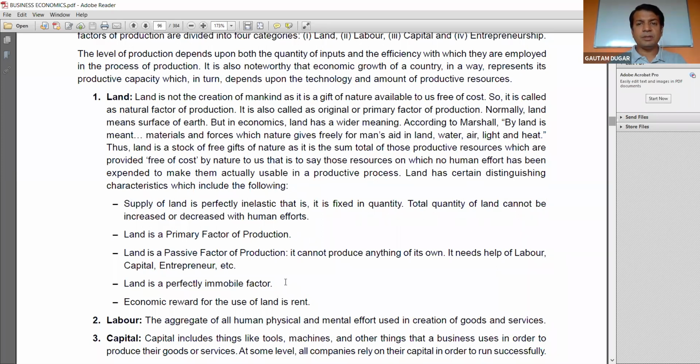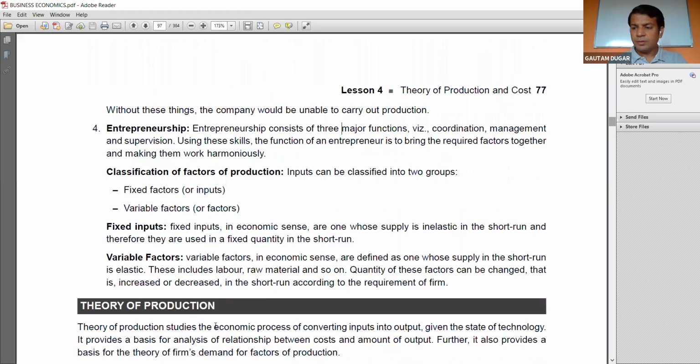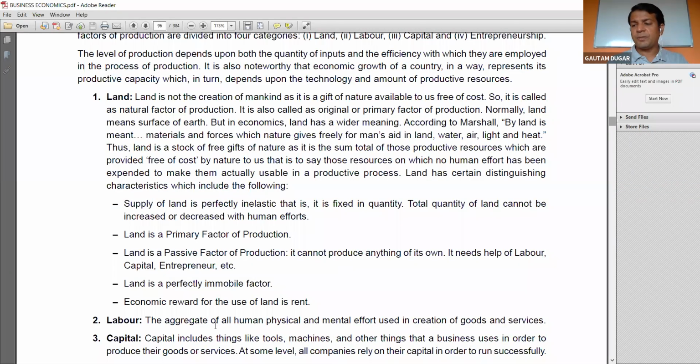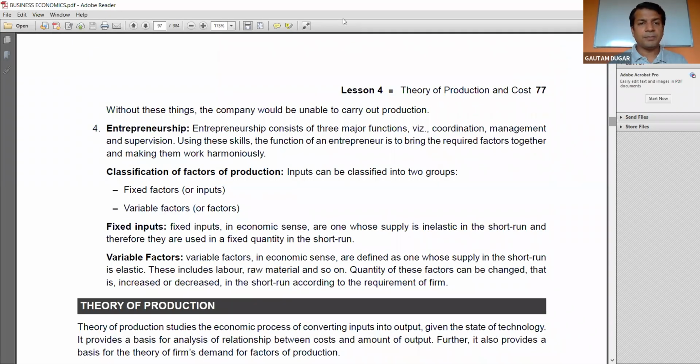Coming to capital. Capital in economics is a produced means of production. Anything which is produced by man and is used for further production, that is called capital. Entrepreneurship, or the entrepreneur. An entrepreneur is a person who basically conducts 3 functions.